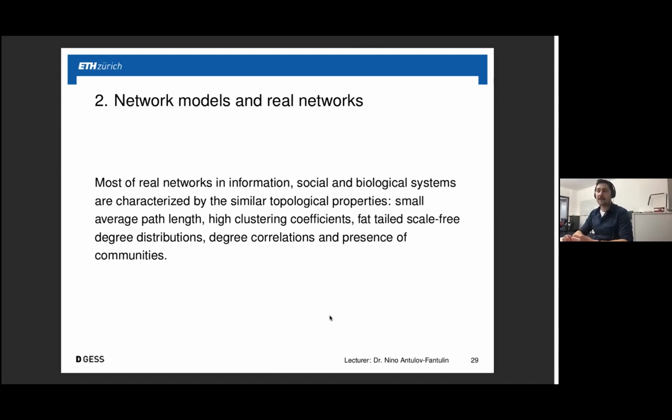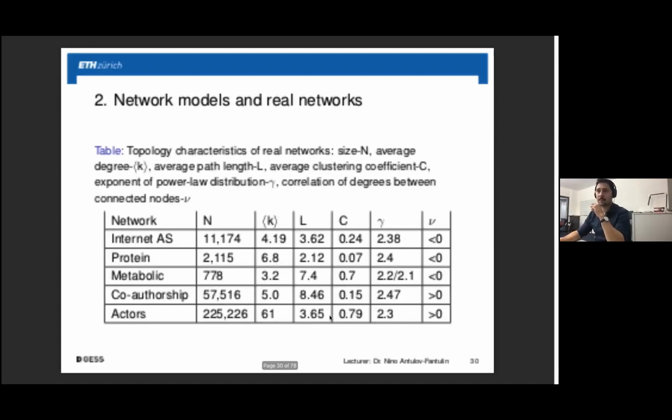We have a fat-tail scale-free degree distribution. It means that the distribution of degrees is not normally distributed, but has a fat tail, meaning that we could have nodes with degree several orders of magnitude larger than the average one. We would have presence of degree correlation, and presence of communities.